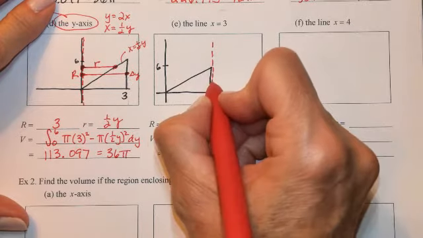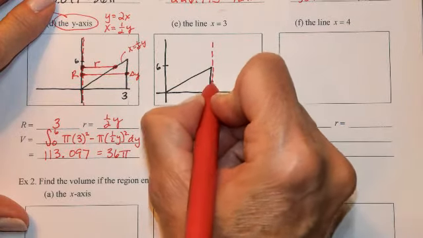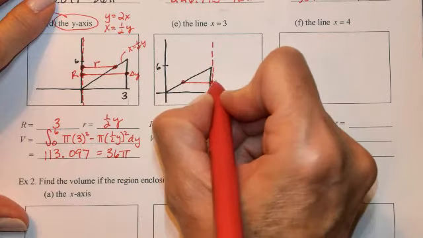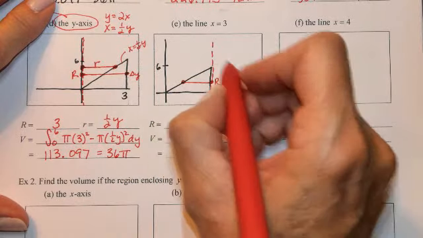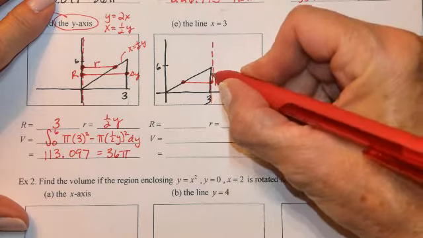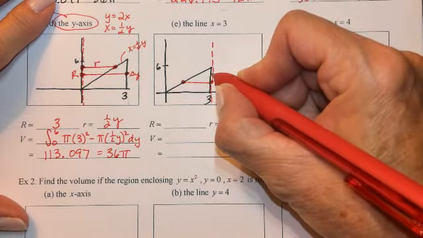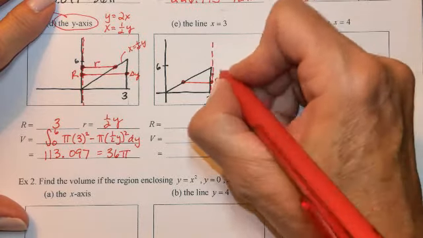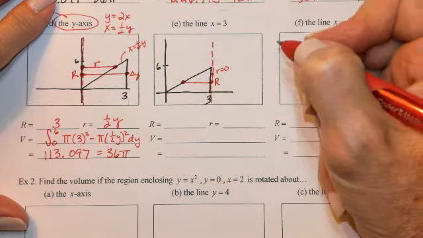From the axis of revolution to the far side of your region is your big R. From the axis of revolution to the close side of your region is your little r. Well, our axis of revolution is right on our boundary, so little r is 0.